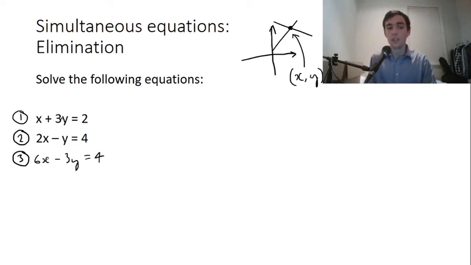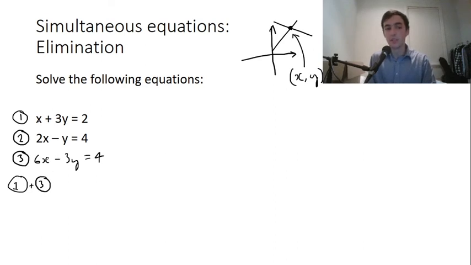Now, we're going to add equation 1 and equation 3. To do that, we just add up the x's and then add up the y's and add up the right-hand side. The reason for doing that is because if I add up 3y and negative 3y, that will cancel each other out.